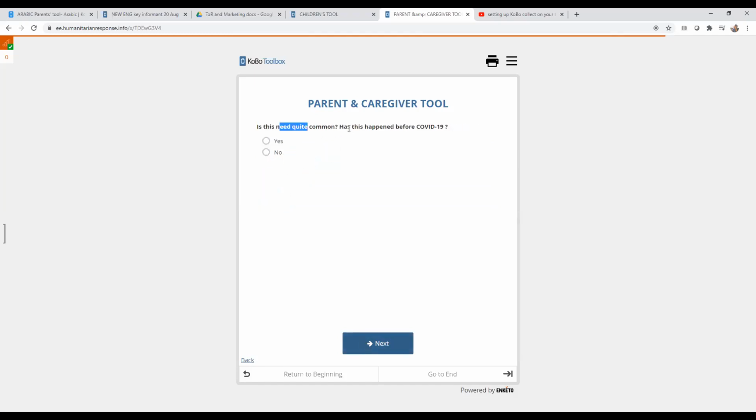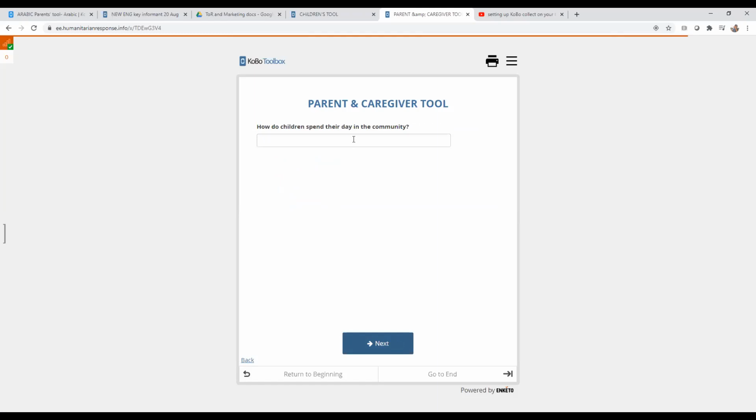And what we need to know here is, is this something new since COVID happened, or was it quite common that it was still happening before COVID? So this is important. With this question, we're trying to find out if this is something that is really happening because of COVID. So we can answer yes here.